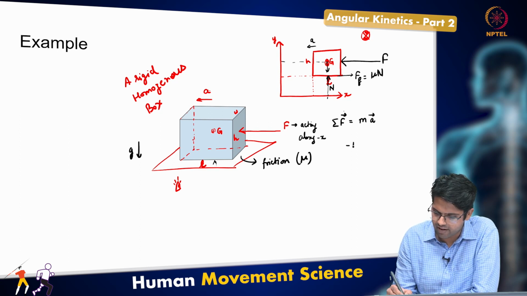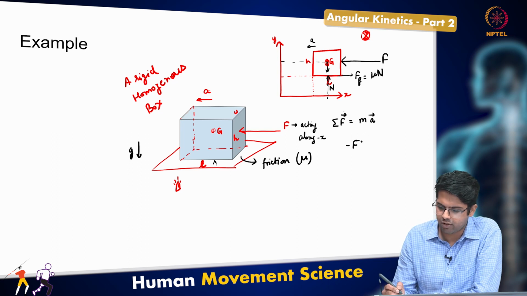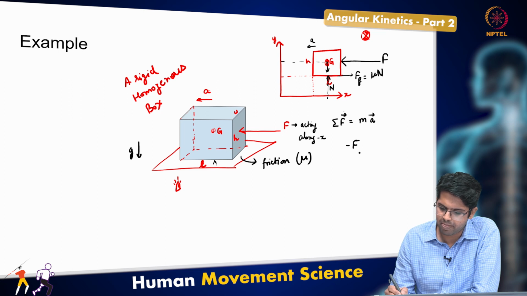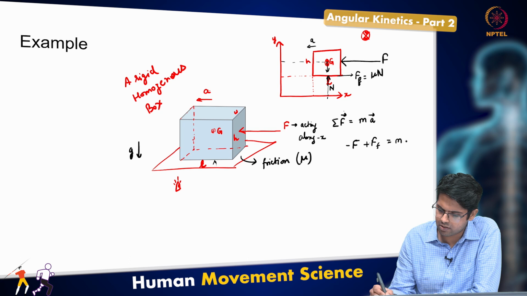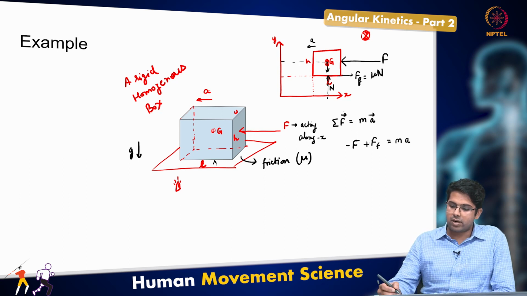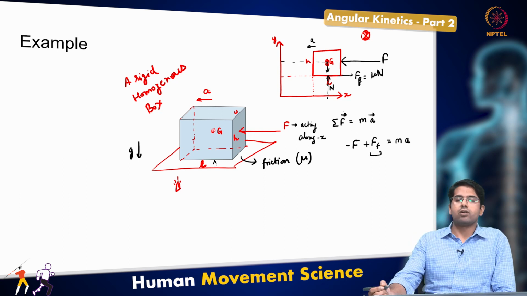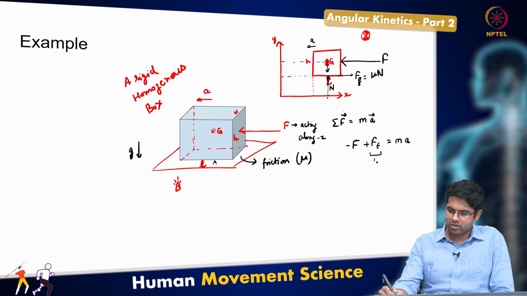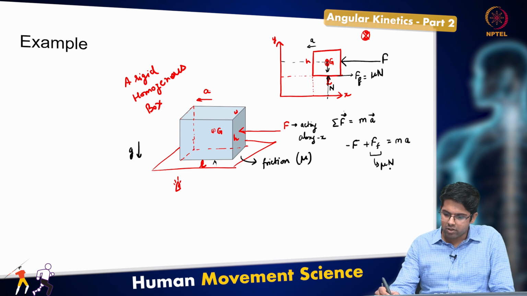Okay, so I have a value of minus F, plus friction force is equal to mass times acceleration, right? Now I don't know this right now, because this is mu times n and I don't know n.